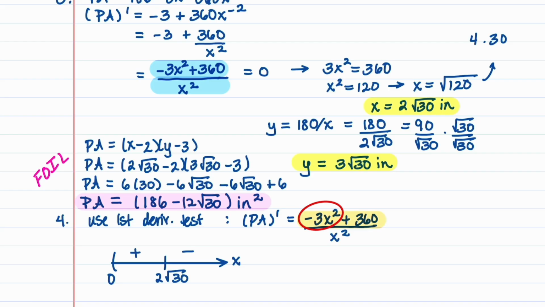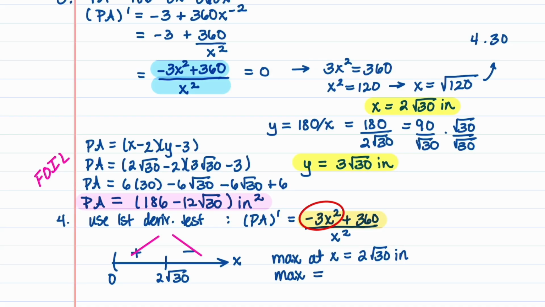This tells us that our function, which is our printed area, is increasing and then decreasing. So we do have a max at x is equal to 2 root 30 inches. And our max is equal to PA, which is our 186 minus 12 root 30 inches squared.